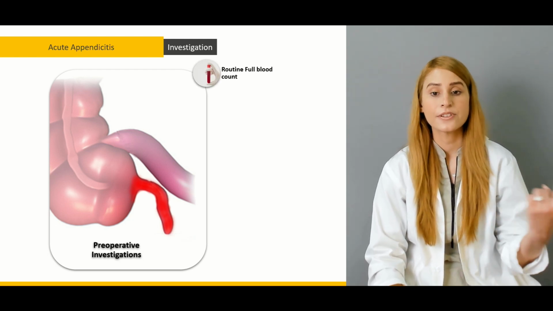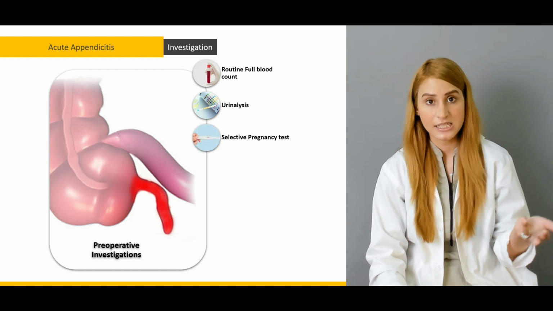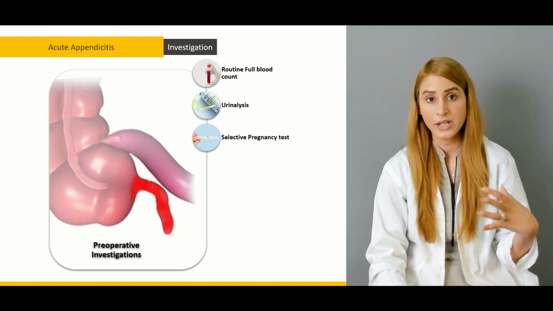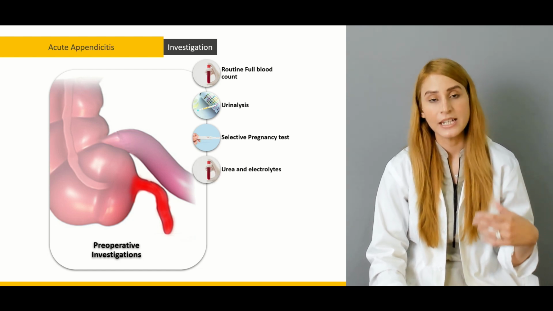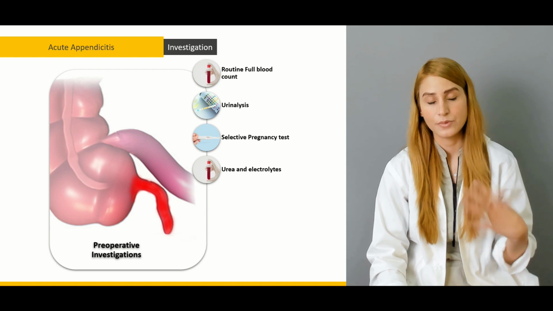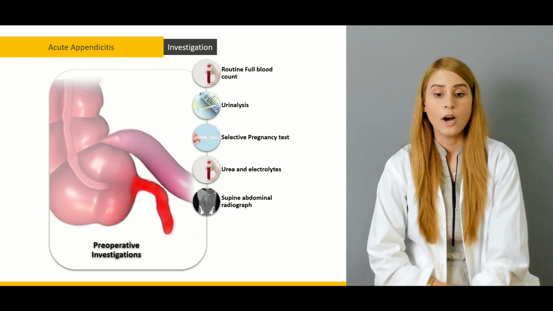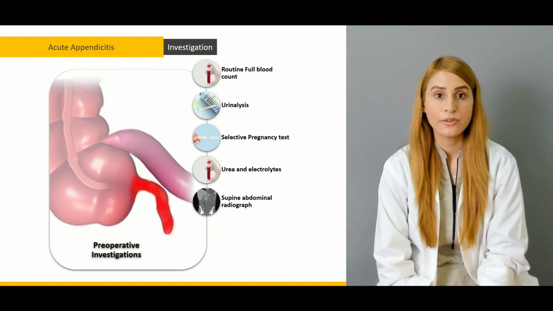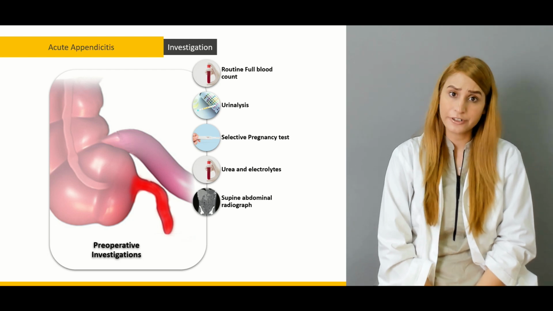So investigations include the routine full blood count, urine analysis, selective pregnancy test in case of females, because it can be an ectopic pregnancy, urea and electrolytes indicating there is no problem with the kidneys, and supine abdominal radiograph. Why supine abdominal radiograph? Because you're suspecting perforation, right?